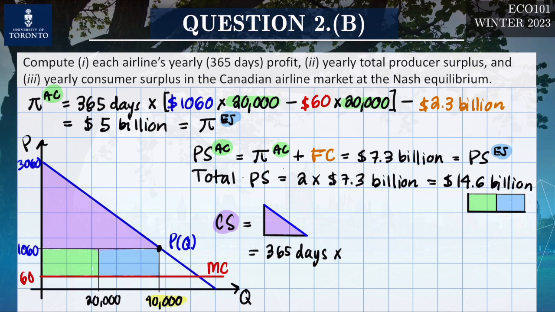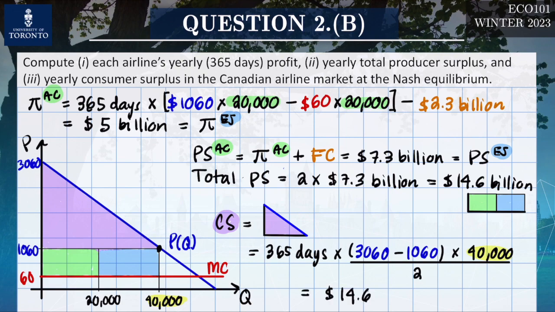So you multiply this by the height of the triangle, which is 3060, the intercept minus the price. So multiply by the base, which is total quantity sold at the Nash equilibrium, 40,000. We divide this by 2, and this gives us consumer surplus for an entire year, which is $14.6 billion.